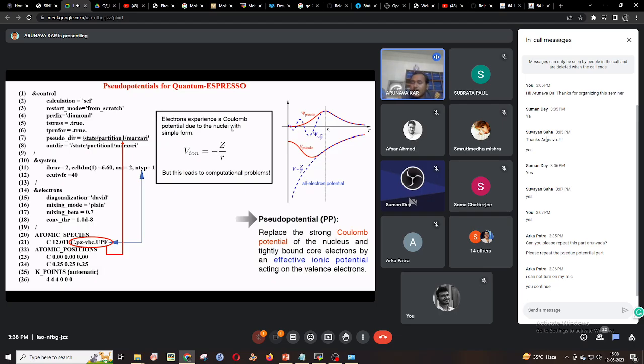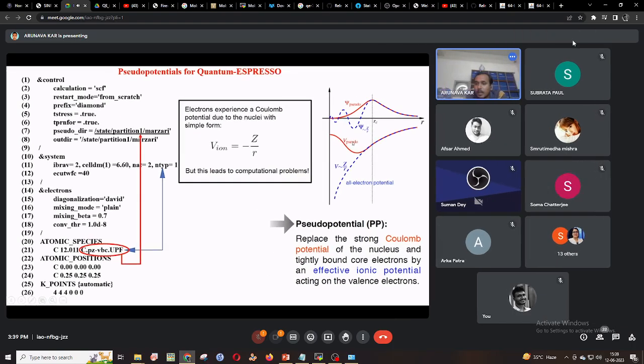A solution is that it's better to have something than to have nothing. So what the physics community has done is this: up to a certain part, you can see here, this is the real potential, this is the pseudopotential.